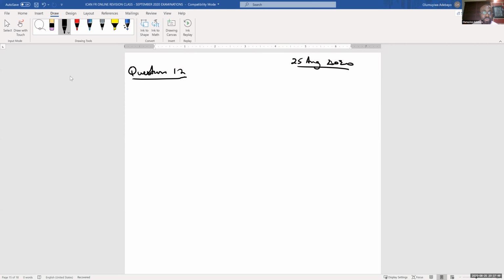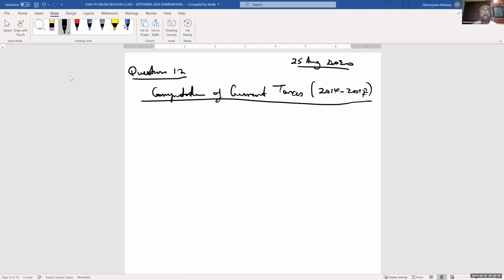Now we are told to compute the current taxes for 2014 to 2017 (2014, 2015, 2016, and 2017). Remember, all figures in thousands.